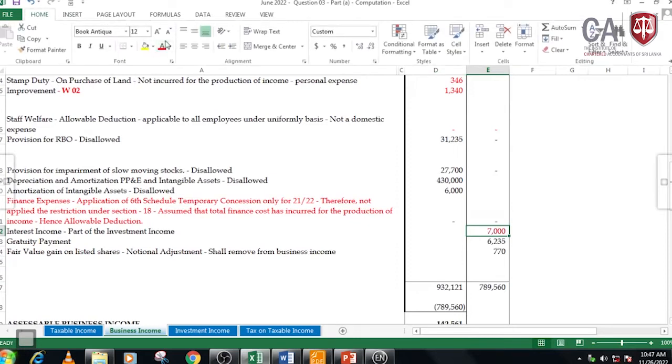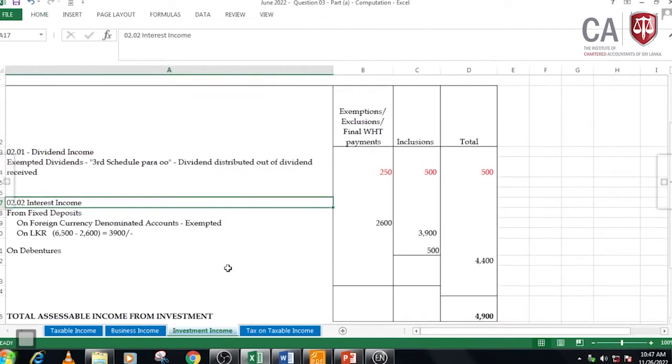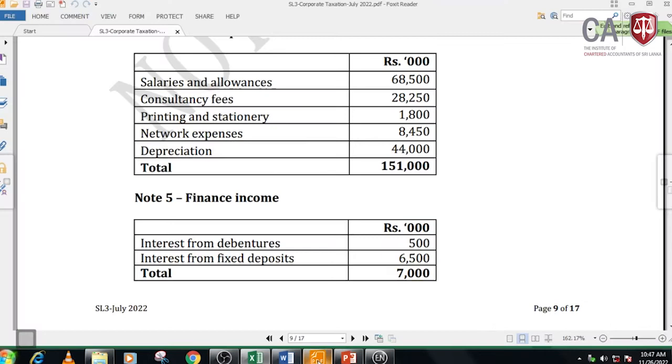Once removed from the profit before tax, it shall be recognized under investment income. In the investment income, as given in the question, 2.6 is the exempt part, being foreign currency. The balance, the interest income from fixed deposit, is the LKR 6,500 reduced by 2,600.